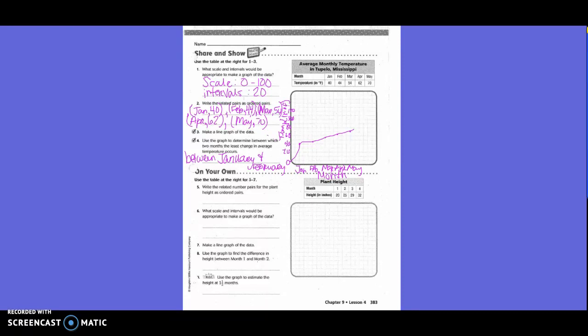Oh, what did we forget to put on our chart, guys? The title, right? Okay, so average monthly temperature in Mississippi.